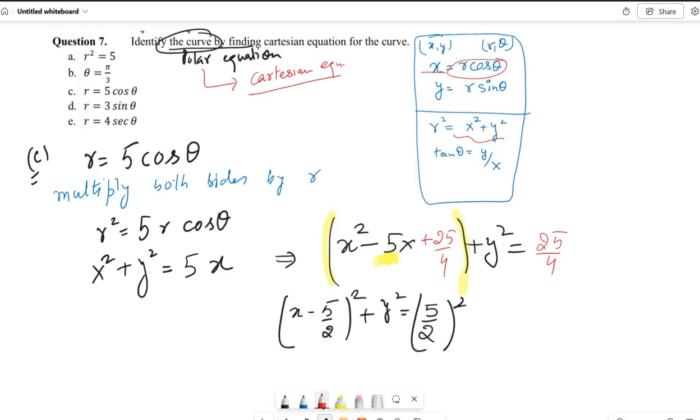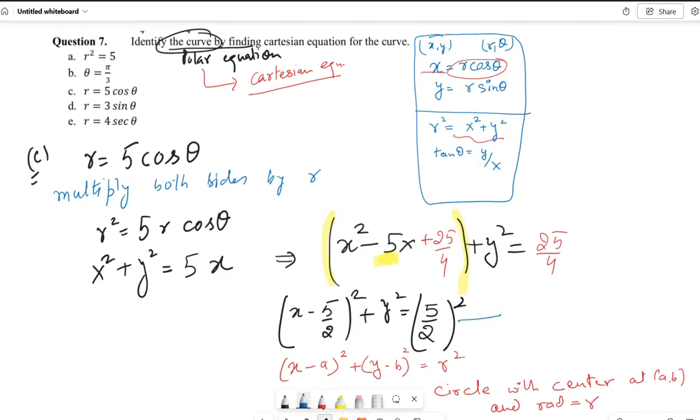I want you to compare this equation with x minus a whole square plus y minus b whole square equal to r square, which is a circle with center at a, b and radius equal to r. Now, using that comparison, what is this equation?